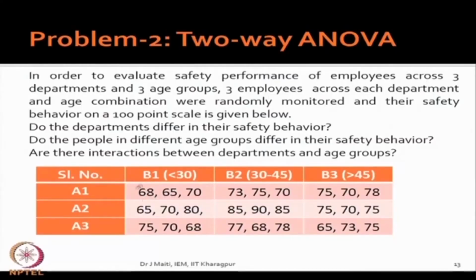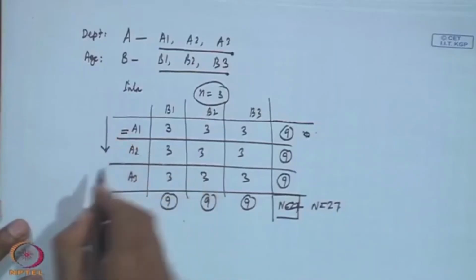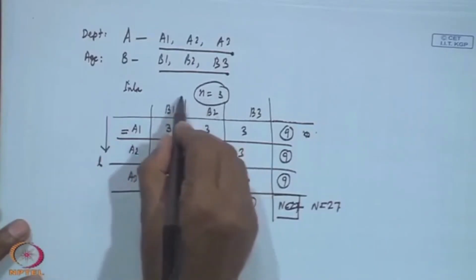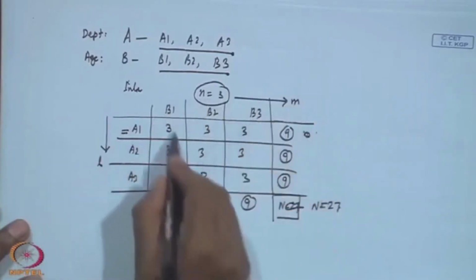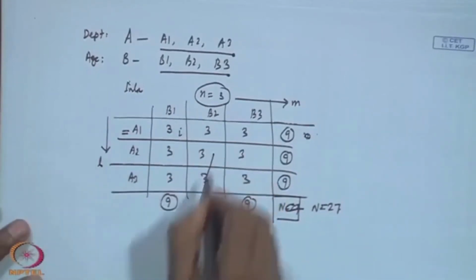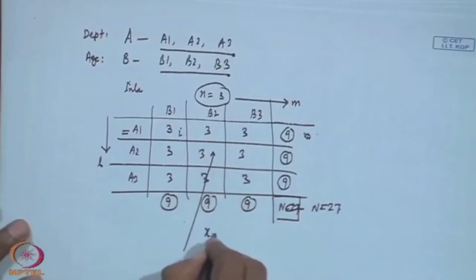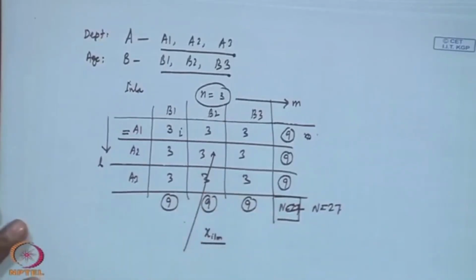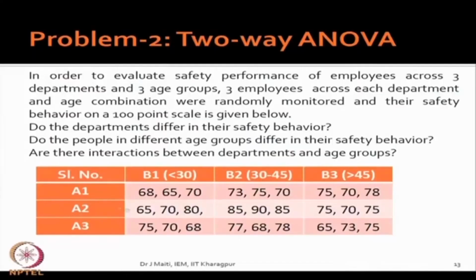If you want to use a notation, for departments we will be using L, for age groups we will be using M, and for observations we will be using I. So, any observation can be denoted by X, I, L, M. So, if this is A1, B1, then X 1 1 1 is 68, X 1 1 2 is 65, X 1 1 3 is 73, like this.